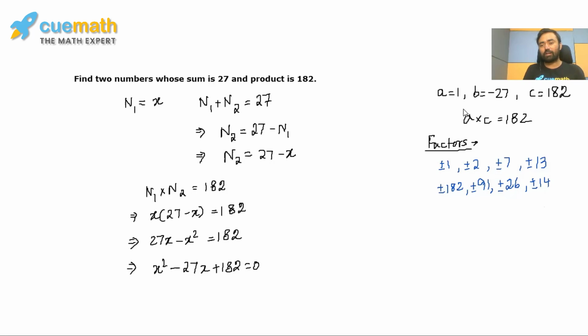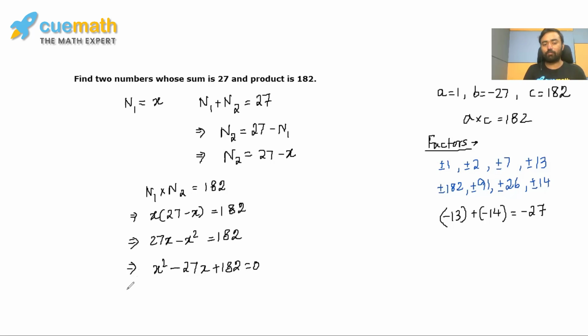So basically, we'll take that combination: negative 13 when added to negative 14 will give us negative 27. And we know that negative 13 and negative 14 multiplied give us 182. So we clearly got the two terms, the sum of which will form the term B, and hence we will split this middle term using those two values.